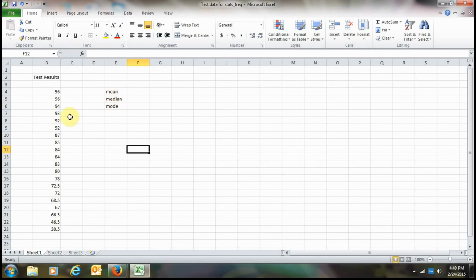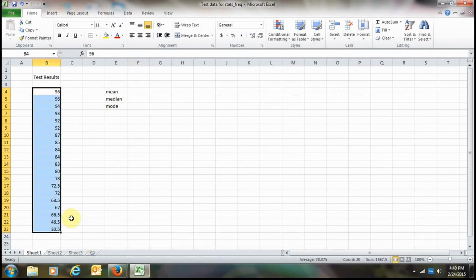The best thing to do to find these three pieces of information is to sort the data. This data has already been sorted from highest to lowest, but if it weren't, then we would highlight it and come over here to find the sort and filter. And you could go from smallest to largest, or from largest to smallest. I'm going to change it to go from smallest to largest, just because I know that we're going to need that later for the 5-number summary.